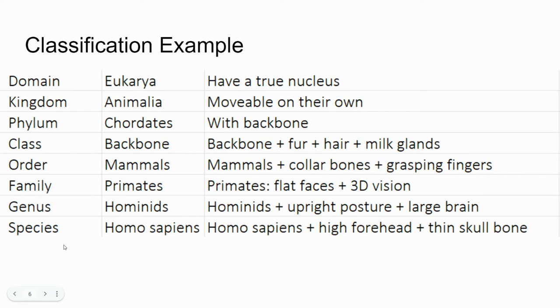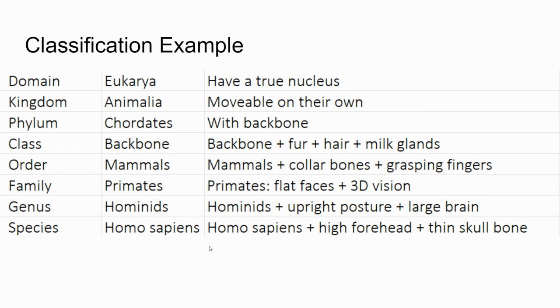And our species, finally, is Homo sapiens. Sapiens is the species name, but I would just include the Homo too. Homo sapiens have a high forehead and a thin skull bone compared to other hominids or primates. So that is an example right there.